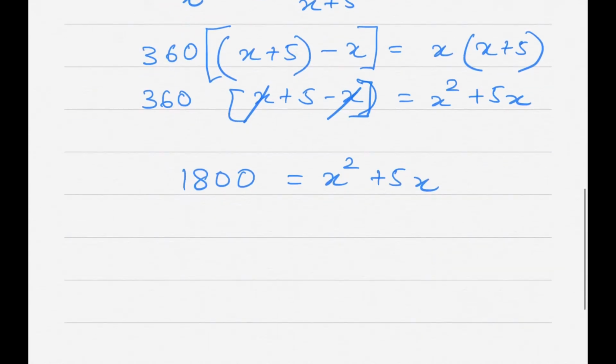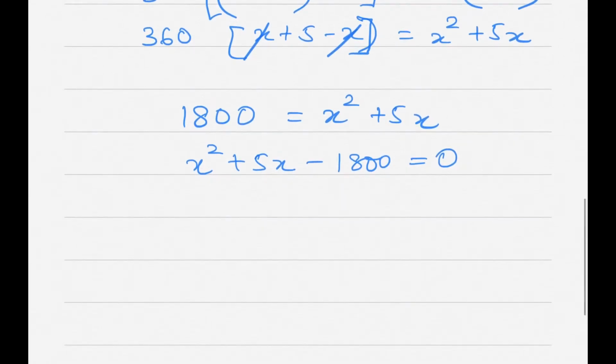So now this is a quadratic equation. I'll just put it in the form of ax square plus bx plus c. So x square plus 5x minus 1800 is equal to 0. I can use the quadratic formula or I can use the factorization method. Anything would work.